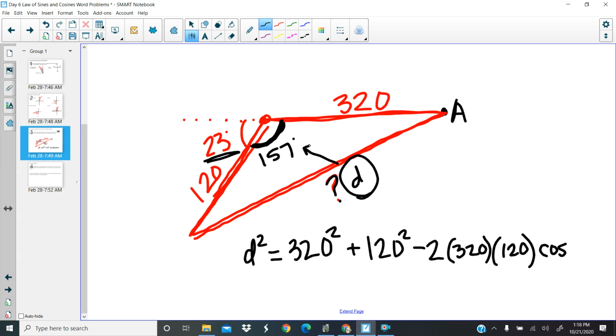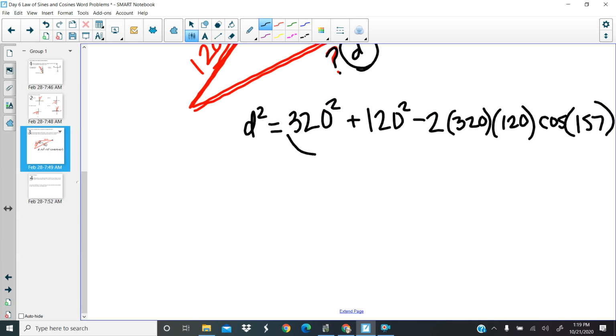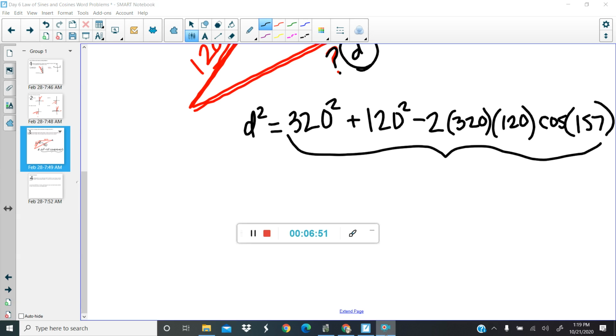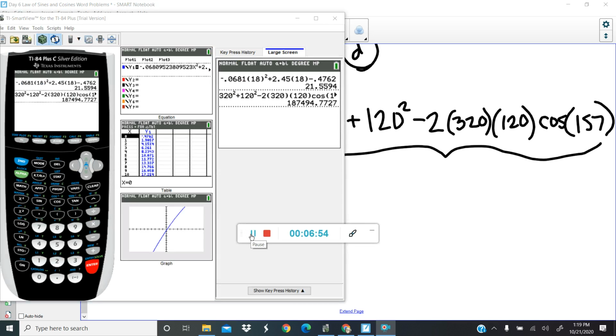So it's going to be times the cosine of 157. And so I'm going to type all of this into my calculator, and then that is going to equal D squared.